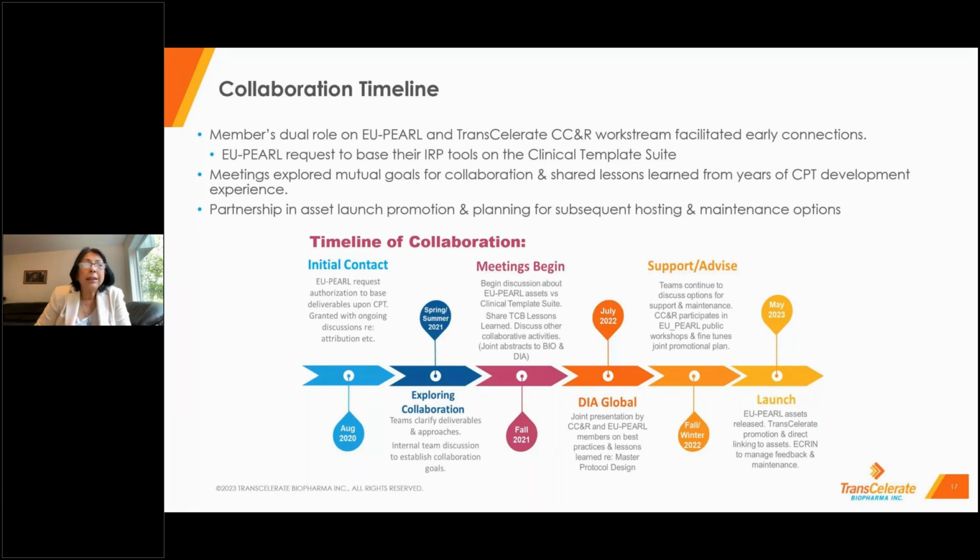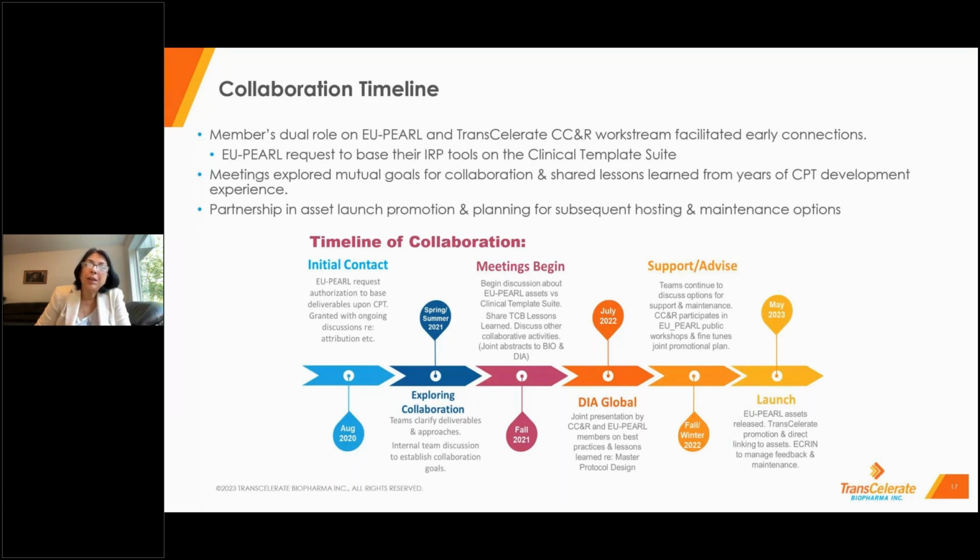And after that, we continued to support and advise each other with TransCelerate participating in EU-PEARL's public workshops where we reached out to the public and informed them of all the benefits and all the achievements from this consortium.